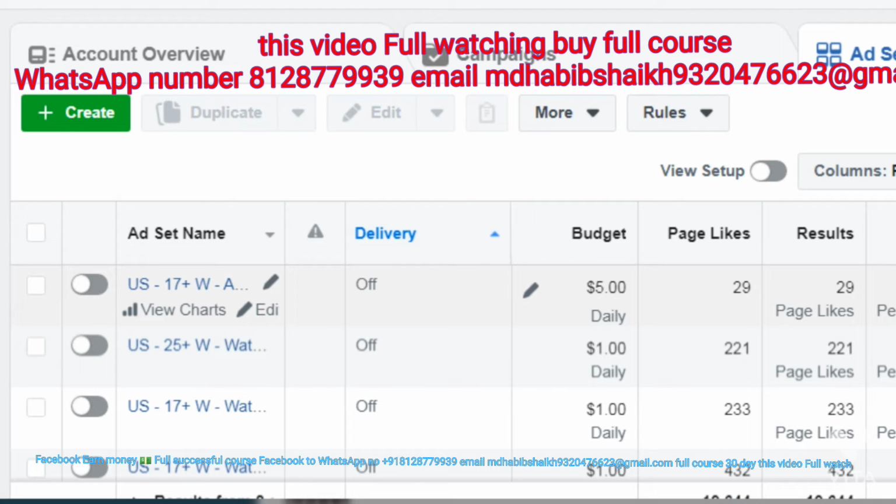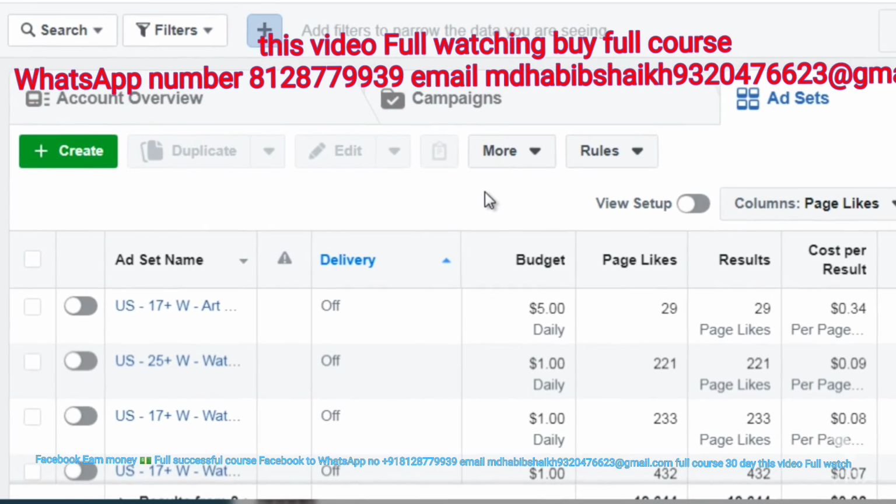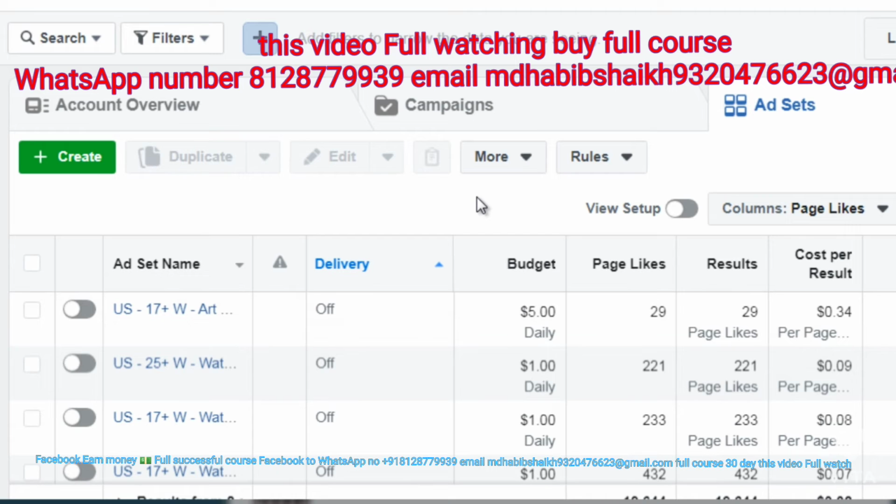Now, I want to be transparent and honest and say that the majority of times you will not start out of the gate with a campaign that is getting you 1 cent or even 3 cents per like. Sometimes you do, sometimes you don't. So this is when it comes down to testing different images. A lot of times when you're trying to figure out what actually resonates with your audience, it's really hard.